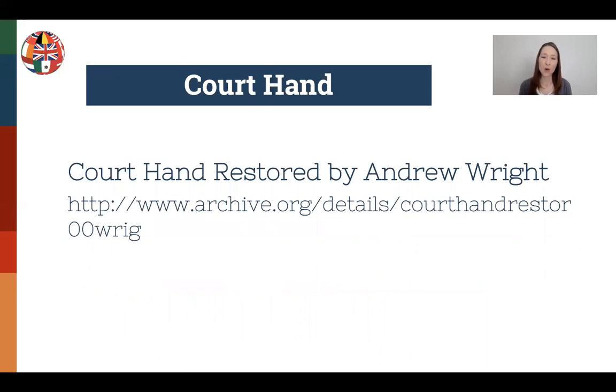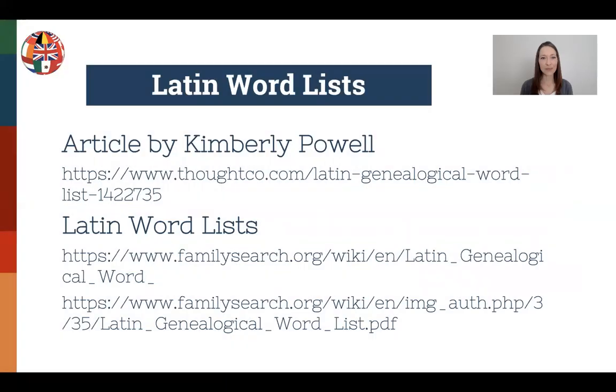So because court hand is so difficult, I recommend a book called Court Hand Restored by Andrew Wright. And this is a link to a digital copy of it. So you can just go and read it online. And it's one of those hands that you'd have to learn a lot more about if you're going to get deep into court records.